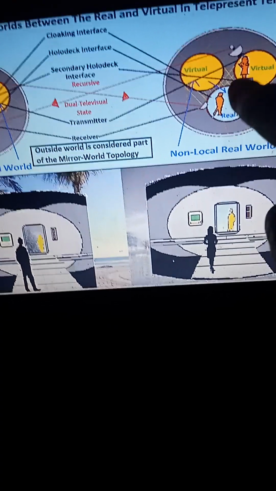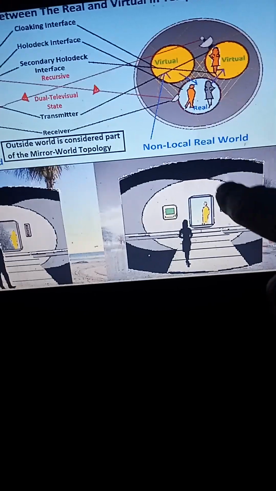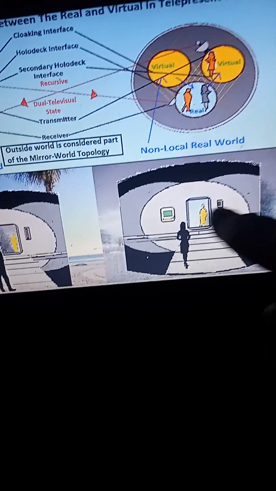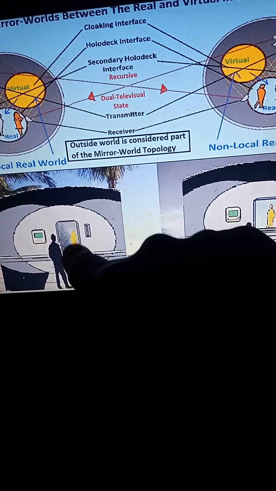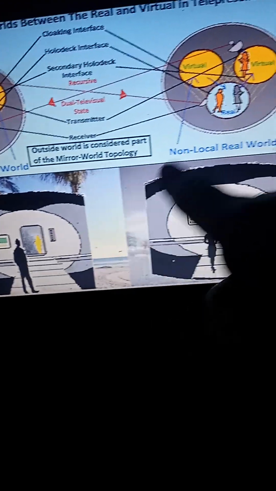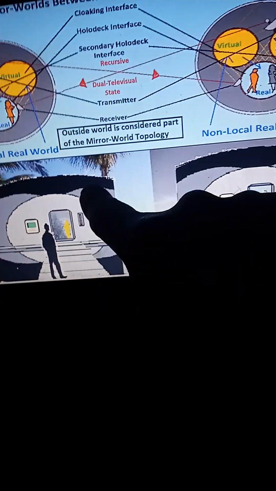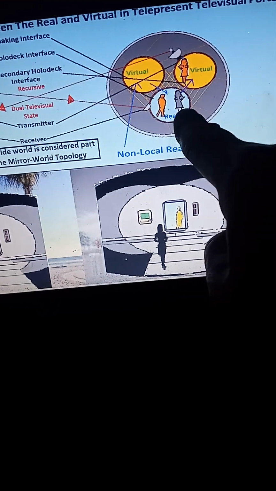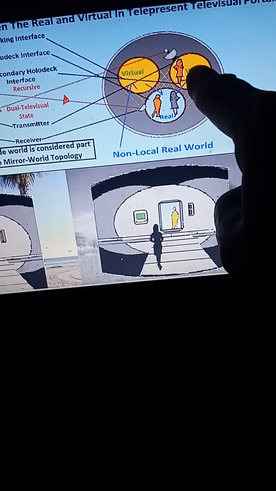But if she wanted to have her graveyard to share with him in her holodeck, then his cloaking interface would be cut off from his holodeck, and her graveyard would be transmitted along with her form over to his holodeck in telepresence.